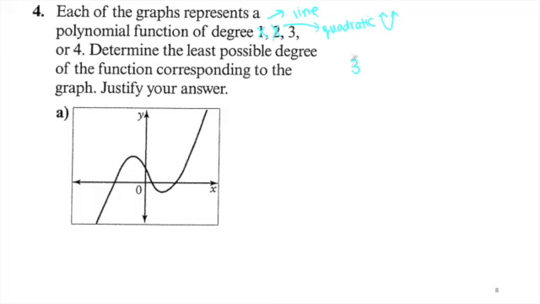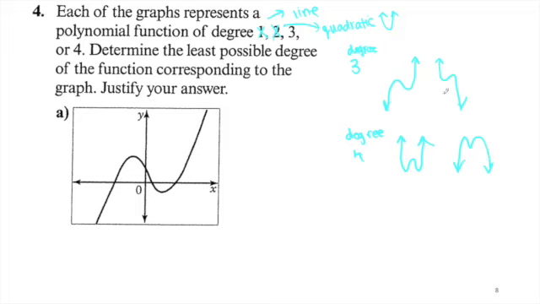Well, for degree 3, we know that it either has to look like this or it's going to have to look like this, depending on our end behavior. We know degree 4 has to be either both pointing up or both pointing down. The only way to draw both pointing up, the graph would have to look like this, or both pointing down would be like this.